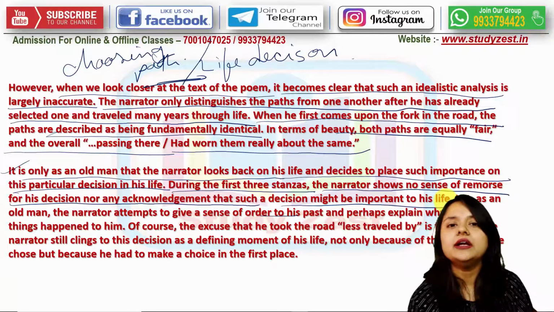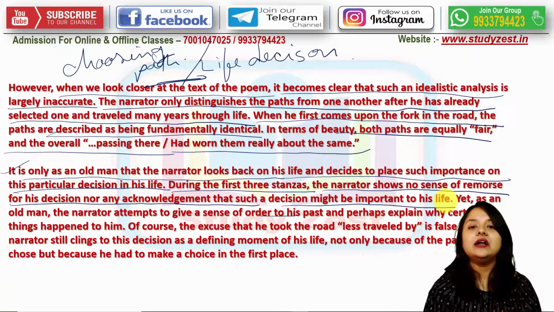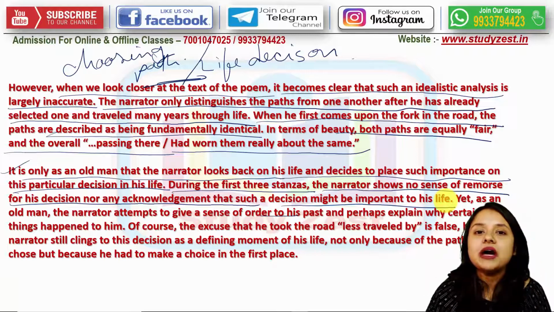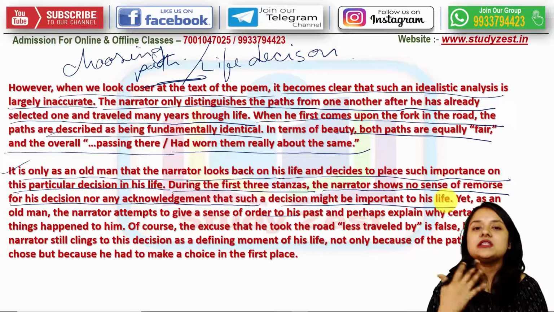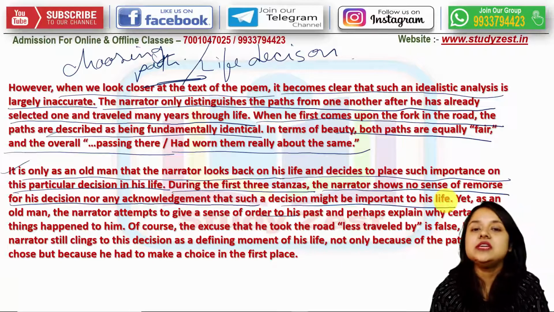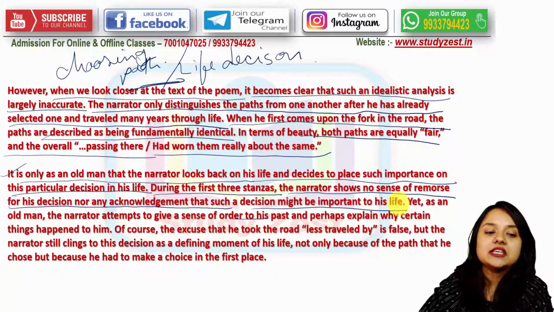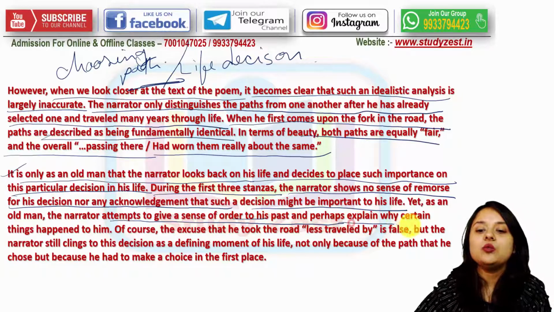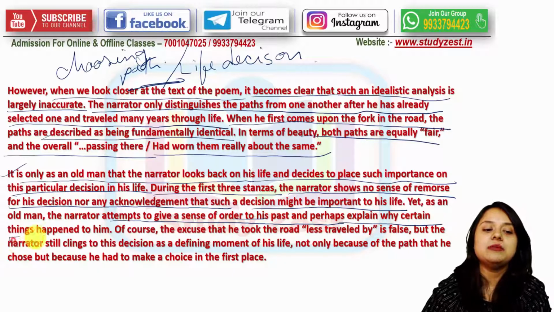Obviously, the narrator was young. He had the courage to choose the difficult path, and he did so. But it's only after he had grown an old man, where we see in the 4th stanza, that he expresses a sense of order of the past and explains why certain things happened to him.